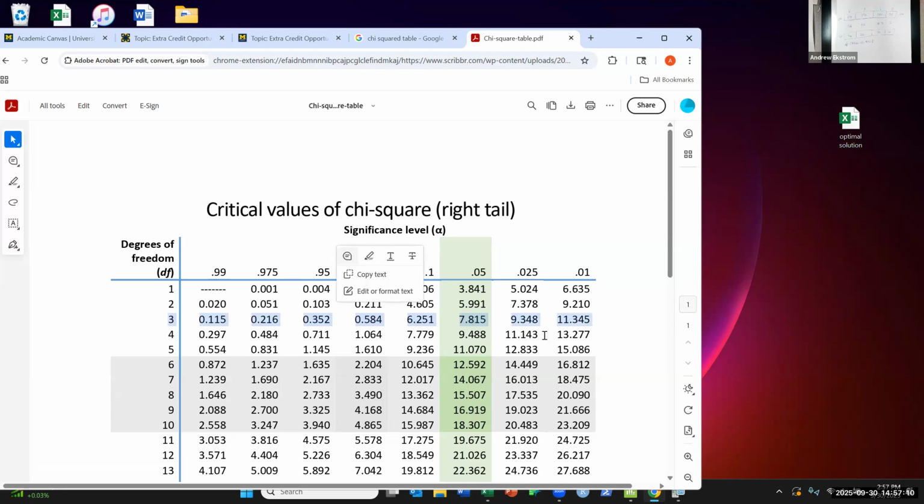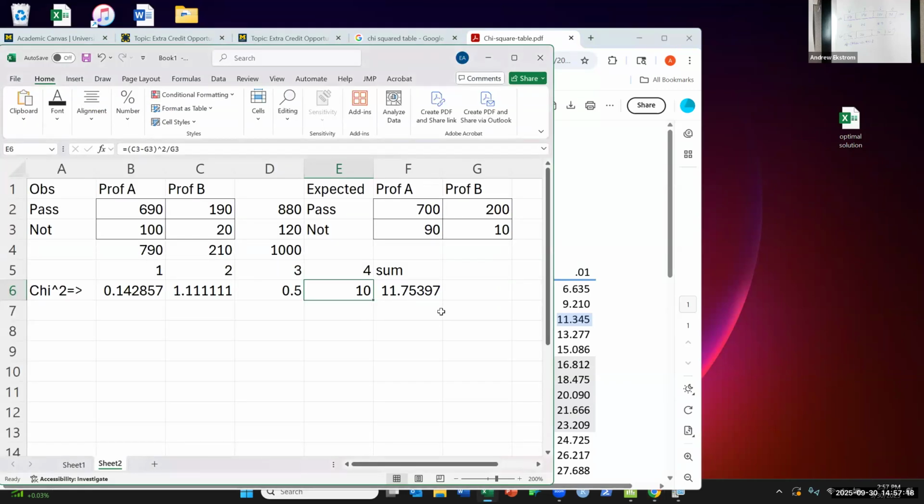So 7.8 versus 11.75. So we could come back and say at the 95% confidence level, we believe there is a statistically significant difference between what we observed and what we expected.